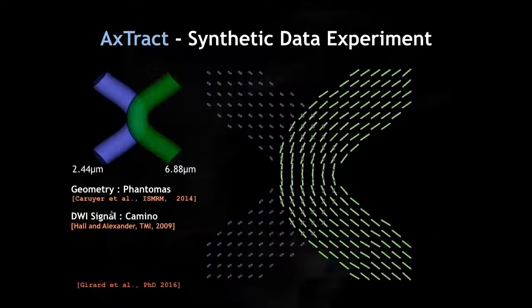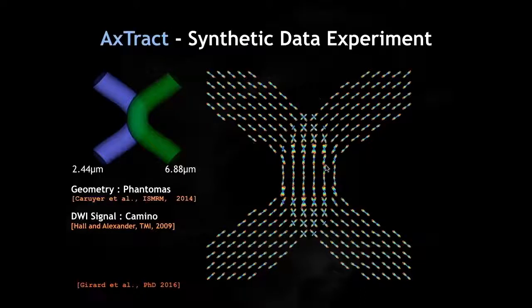Now we generate a Camino simulation with two different axon diameters. One fiber population with a 6.8 micron diameter and one fiber population with a 2.4 micron diameter. We generate the multi-b-value diffusion signal for this.